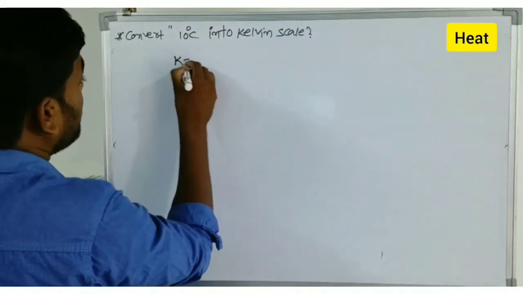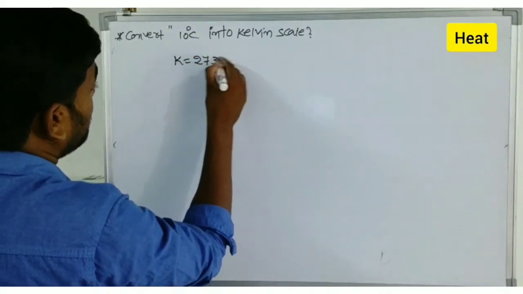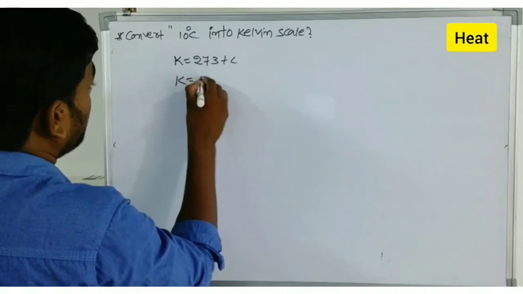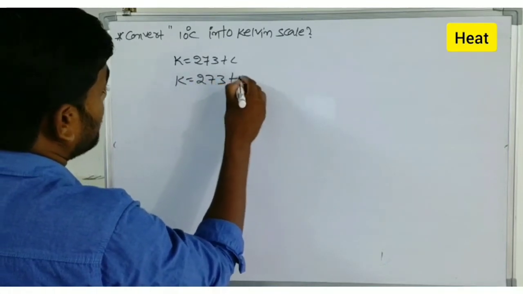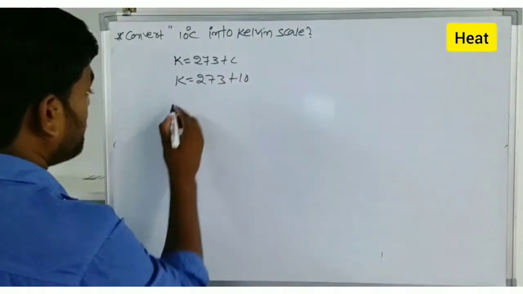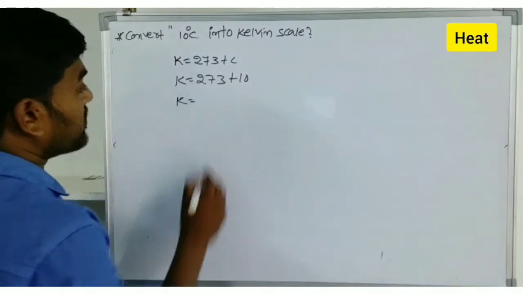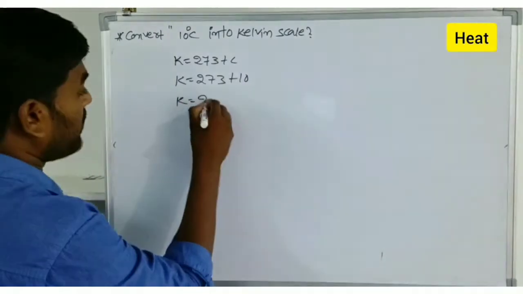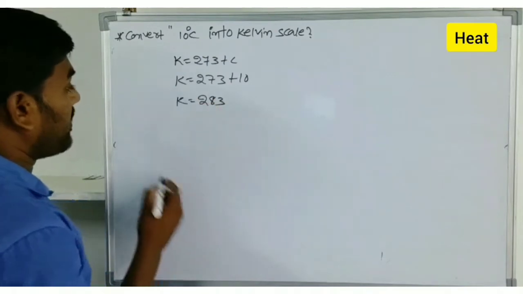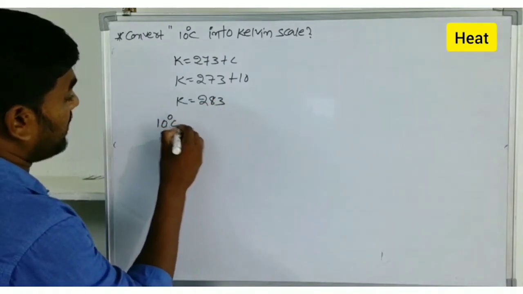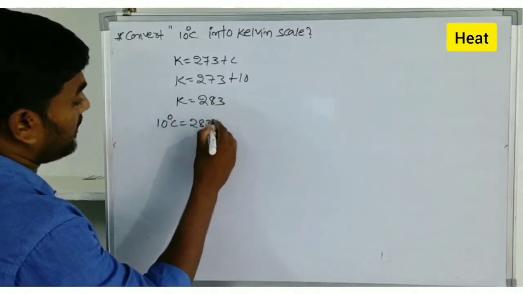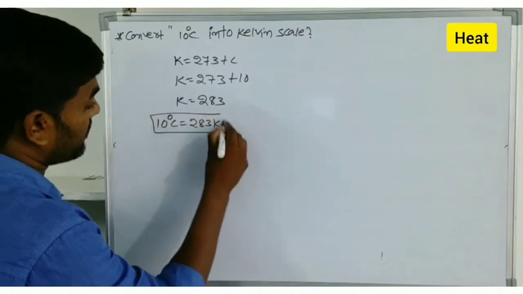So K is equal to 273 plus 10, which is 283. So the final answer is 10 degrees centigrade is equal to 283 kelvins.